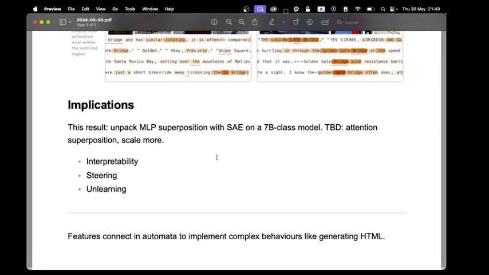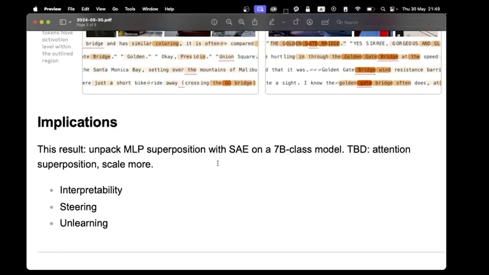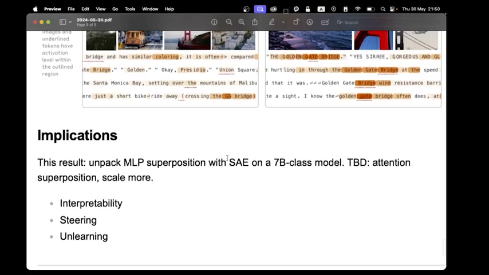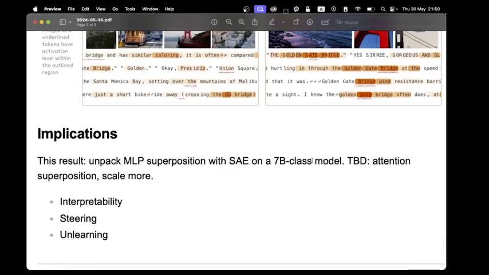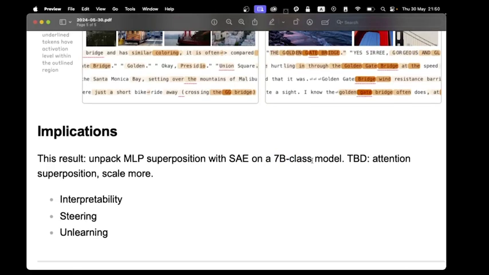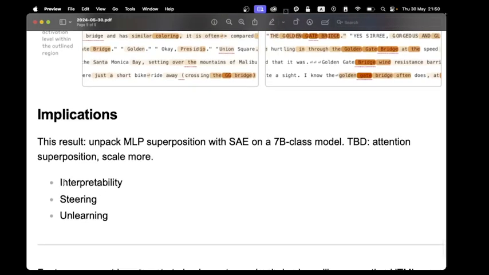So the core claim is that we have a superposition in linear layers of the transformer architecture, and we can unpack this superposition, which is this non-orthogonality, with a sparse autoencoder, and this scales to this size of the model. And this is useful because we can both interpret the model and steer the model with that. Those are dual, because when you know the part of the model which does the thing, you can patch it.